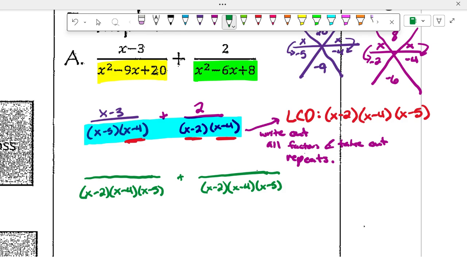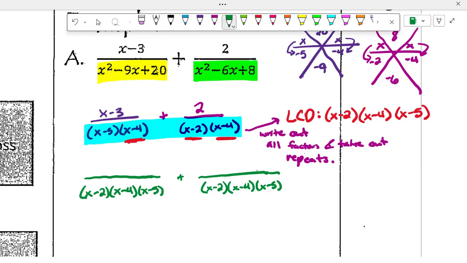Now, the next step is just a game of what's missing. All right. So this is kind of like with the fractions, like the numerical ones, where you had to figure out what you need to multiply to the bottom to get our common denominator. Well, same thing. We're still multiplying something, but in reality, we're multiplying whatever's missing from our original denominator.